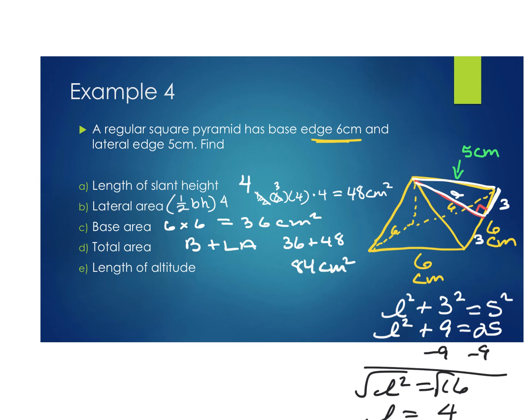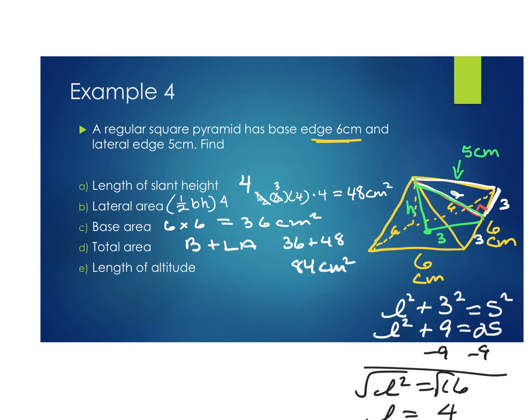To find the altitude, which is really the height of our pyramid, that is going to be from the vertex down to the middle of the base. Again, I need to make another right triangle here. So I can go ahead and draw the leg over here to the side, which is going to be half of the 6. I'm looking for the H. I'm going to use this slant height as the hypotenuse.